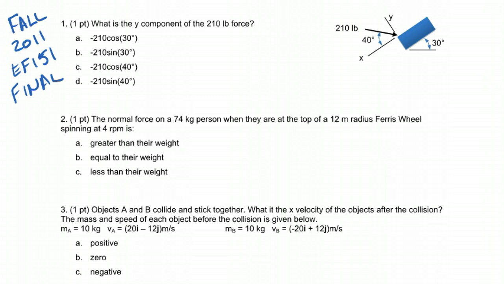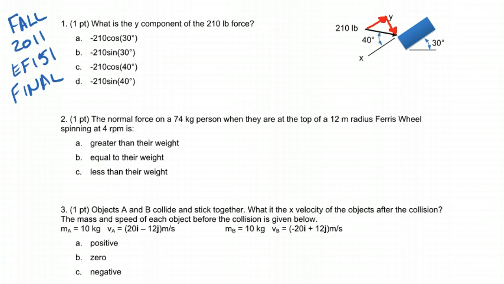So the key point here is that we're given a Y and X coordinate system, and we are given this force angle relative to the X. So let's draw the components of that force. We would have a Y component going downward and an X component going sort of up and to the right.